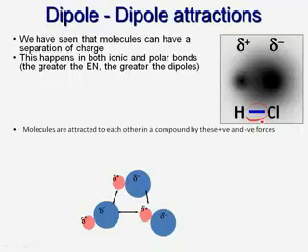Down here, we're seeing that if we have, in this case, 3 hydrogen chloride molecules, the positive hydrogen in one has an attraction for the negative chlorine in the other molecule, and that is what we're referring to as a dipole attraction, or a dipole intermolecular force. This is just to give you a visual of these types of interactions.